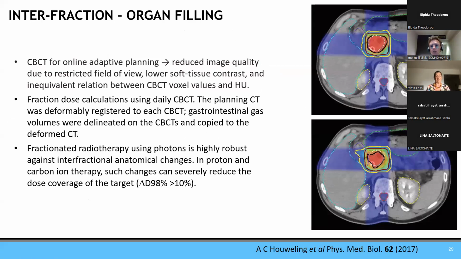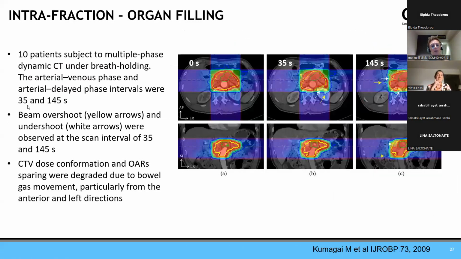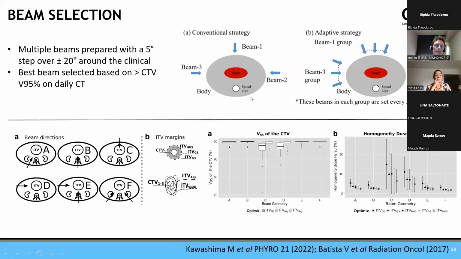I forgot to mention, sorry. Here they concluded that the worst in terms of uncertainty in target coverage was the anterior beam and the beam coming from the left, which was the same conclusion from the group of Heidelberg.